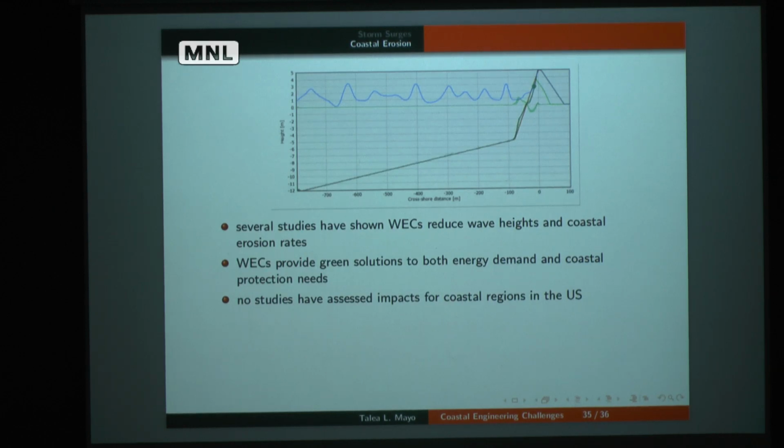There are a few in Mexico, but they're countable. She reviewed all of the literature she could find for where these types of studies have been done. The studies have also not accounted for climate change. Most of them look at what it does in today's wave climate. So an interesting question we have is, what about the future wave climate?